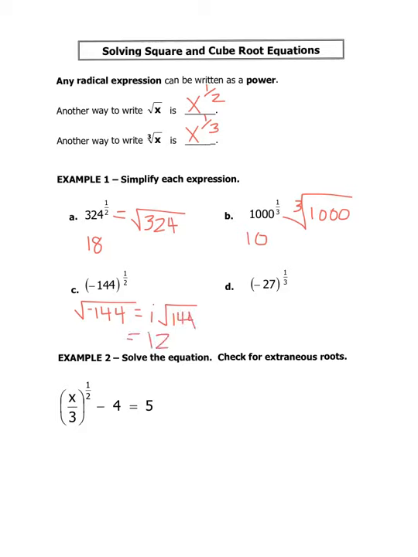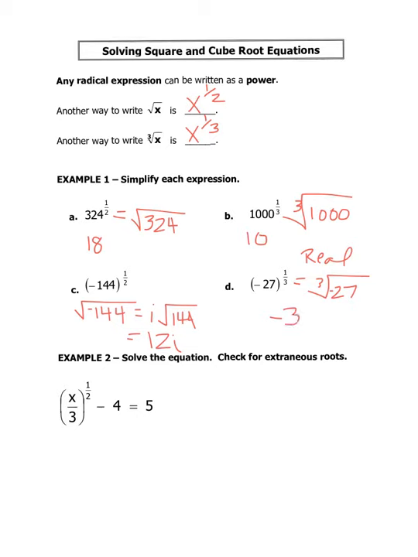So this would be 12i as my answer. And then lastly, when I look here, the cubed root of negative 27, that actually is a real number, because if you multiply a negative by itself 3 times, it's still going to be negative. So if I break this down and plug that in, I would get negative 3 as a result.